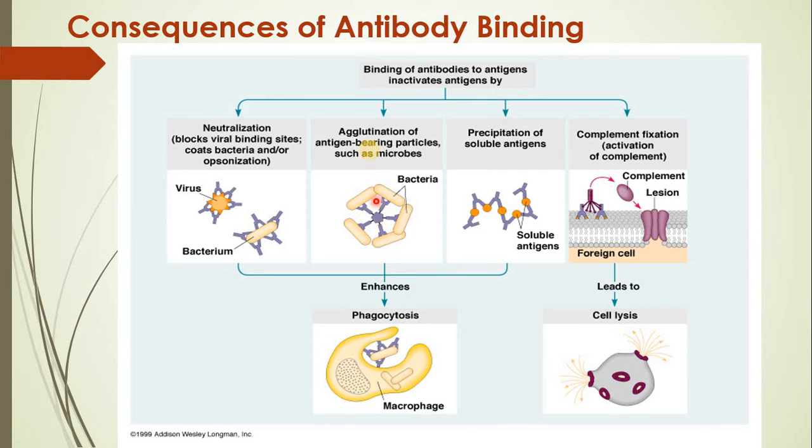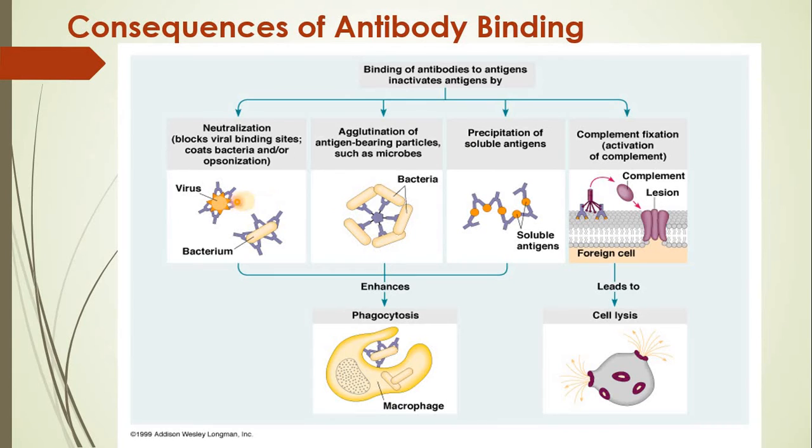This is called formation of agglutin, and the reaction is called agglutination. At the same time, if the reaction is between a soluble antigen and the antibody, the soluble antigens will settle down. That means they are precipitated and the reaction is called precipitation.